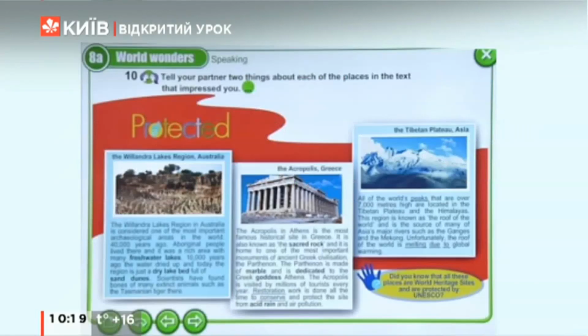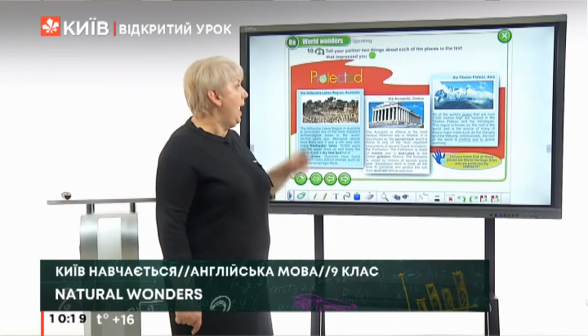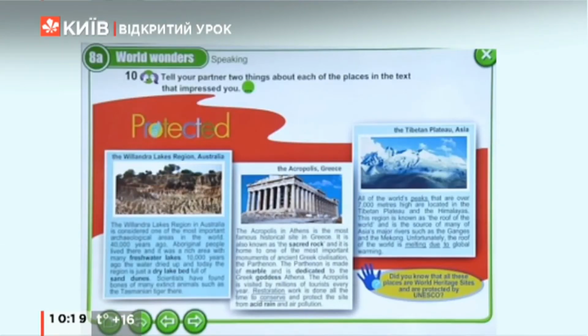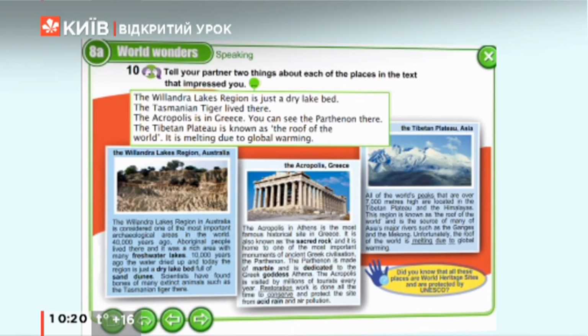You have 3 texts, 3 places, 3 natural wonders. And I want you to tell your partner, your friend, your classmate 2 things about these places that impressed you most. If you ask me, the Willandra Lakes region is just a dry lake bed.